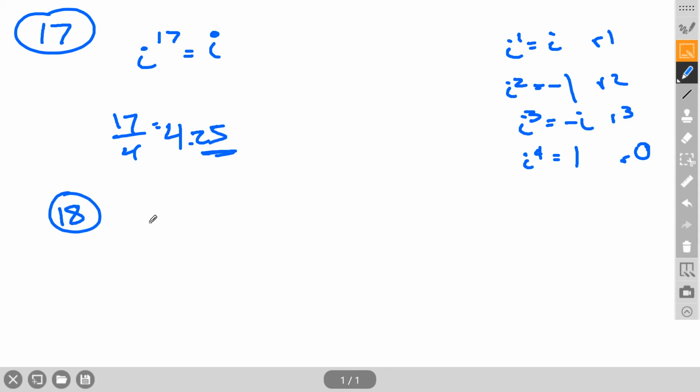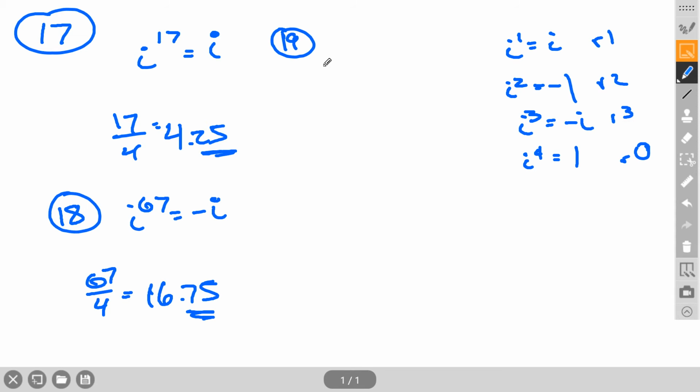Number 18, i to the 67th power. 67 divided by 4 is 16.75. So that's a remainder of 3. So that is negative i. 19, i to the 179. So 179 divided by 4 is 44.75.